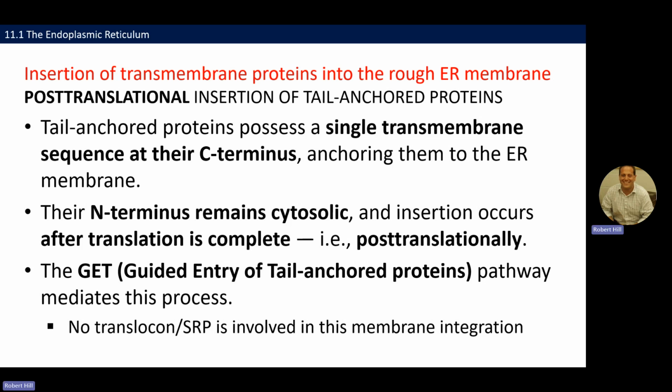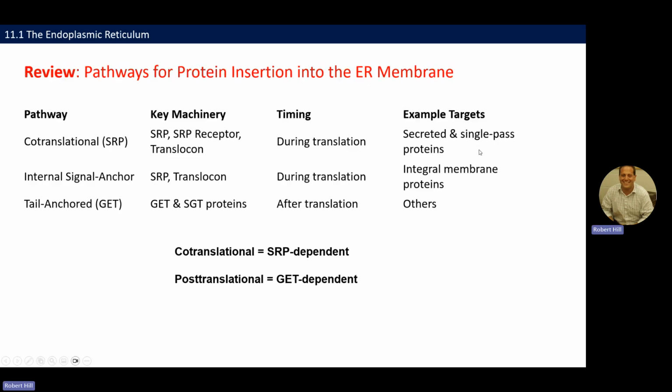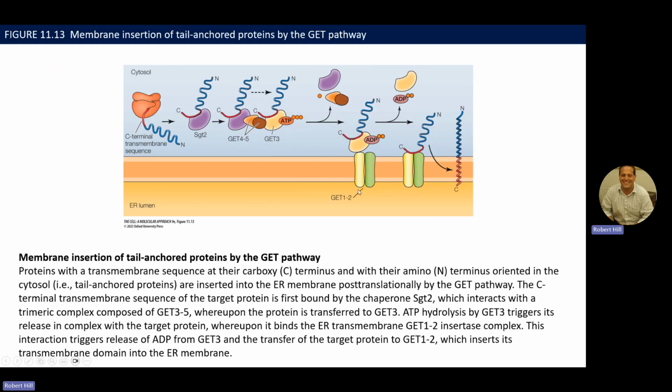This is guided through these GET proteins post-translationally. Right, so I have the figure up just so you can see what's happening, but you don't need to learn these proteins. I'm not requiring it. But you can see, unlike co-translational targeting, which would bring this ribosome to a translocon and would involve the signal recognition particle, this peptide is made in the cytoplasm completely, and it's released from the ribosome.